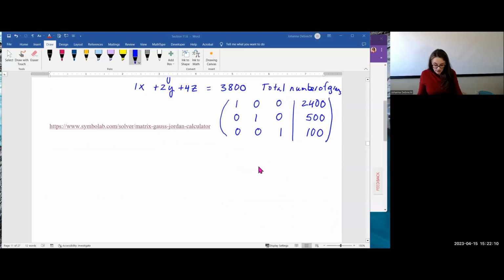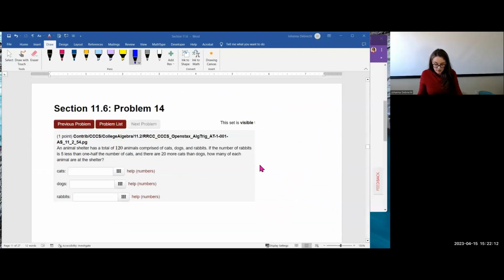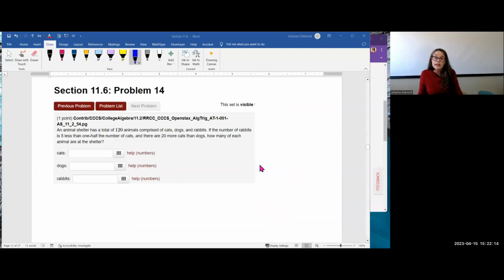Now let's take a look at the last problem in our sequence, and we'll again set up the equations, then pause the video to work it out. In this one, it says an animal shelter has a total of 120 animals comprised of cats, dogs, and rabbits. If the number of rabbits is 5 less than 1/2 the number of cats, and there are 20 more cats than dogs, how many of each animal are at the shelter?